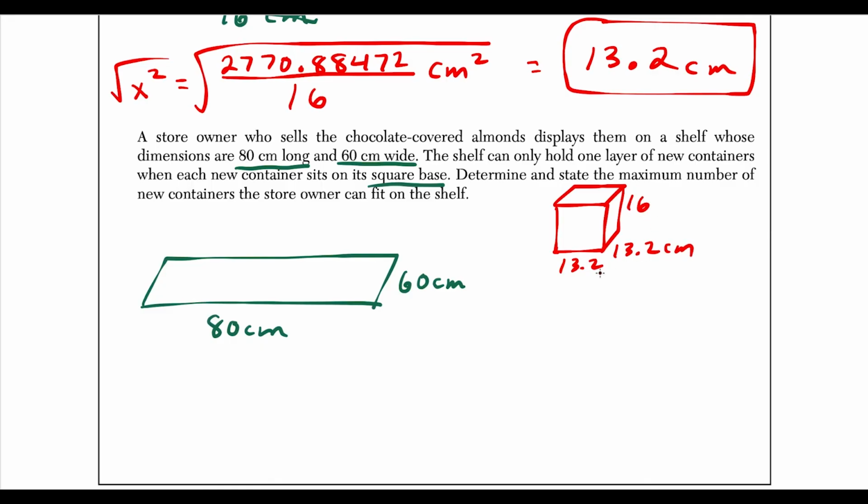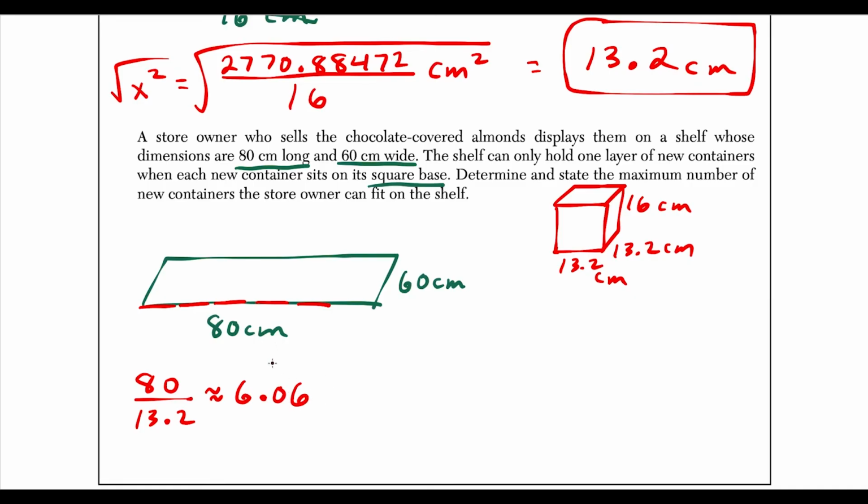So the concept is, because this thing is sitting on its square base, that's how we're going to lay these out. We have to think how many times could we fit 13.2 going this way along the 80 centimeter length. So we're just going to do 80 divided by 13.2, and this is all calculator work, it is roughly 6.06.